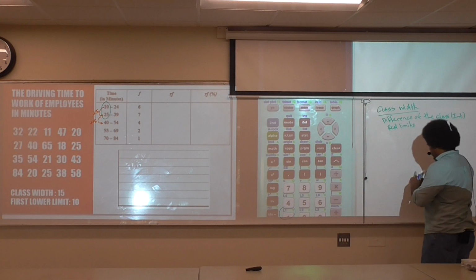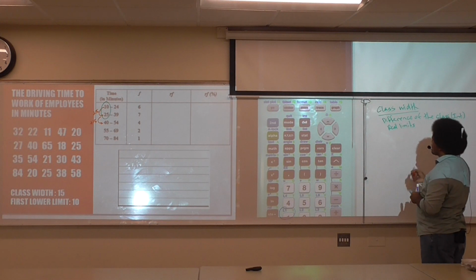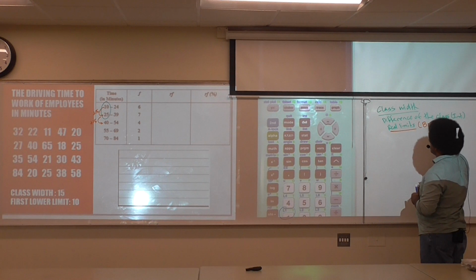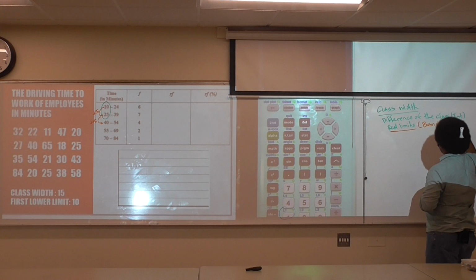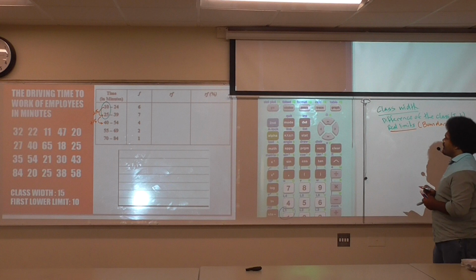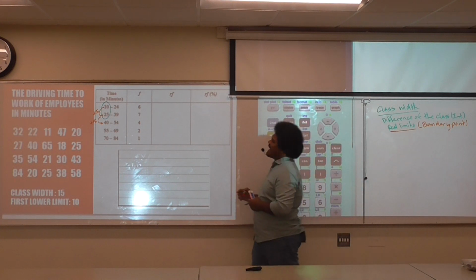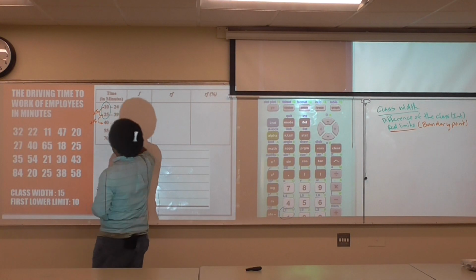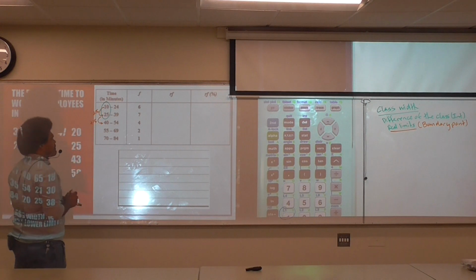I'm pretty sure that in your book, instead of saying real limits, they're going to say boundary points. They're both the same. Once again, the boundary point is halfway between each. So once you know the pattern, just go half each time.